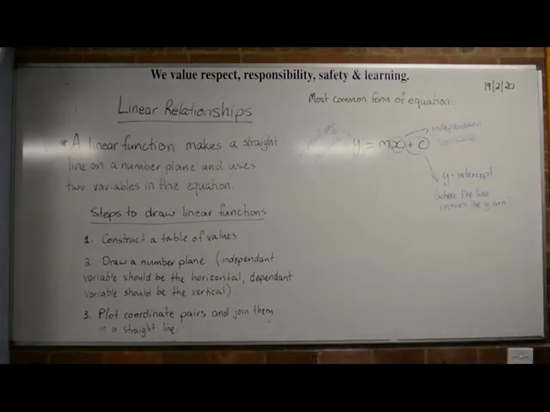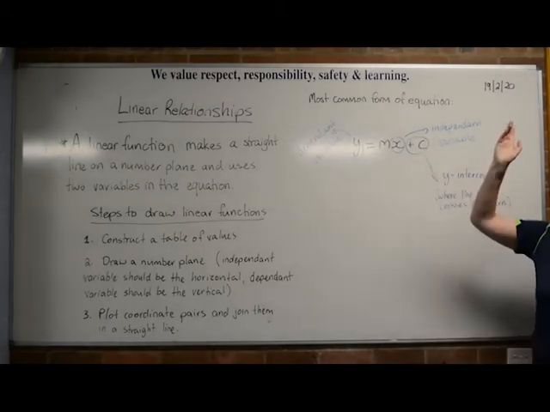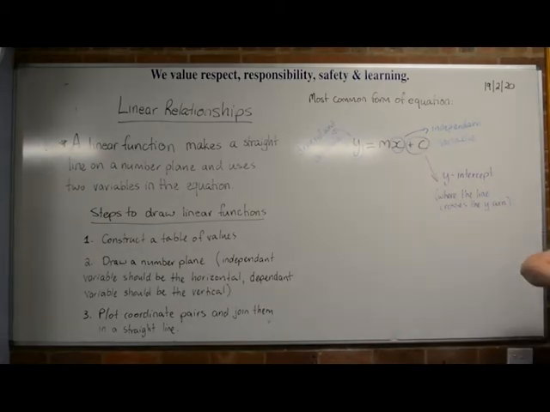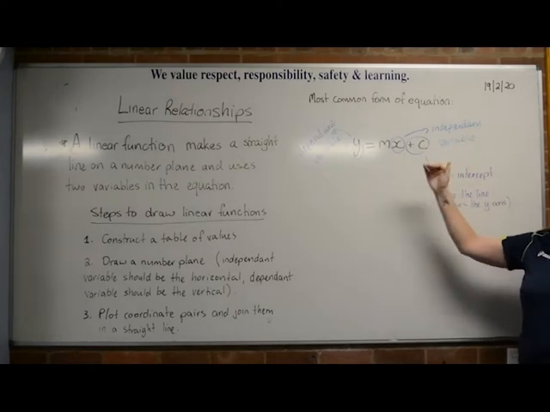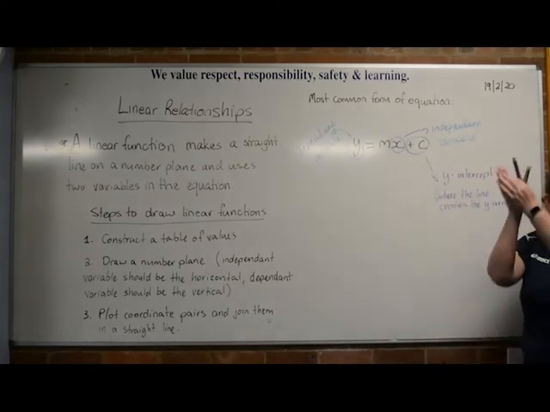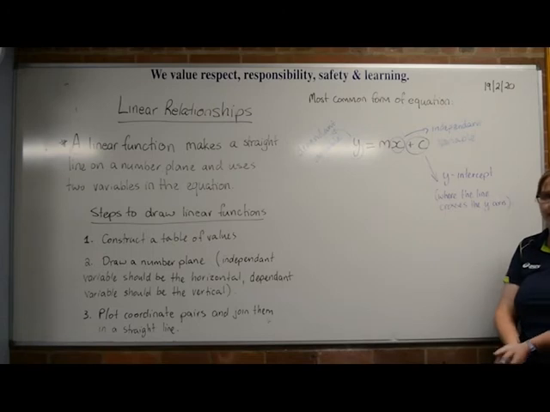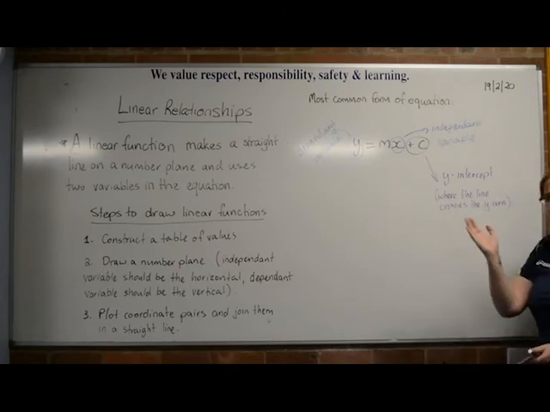Does that make sense? So this tells us where on the vertical it crosses. That could be a +3, or it could be a -4.5. It's just telling us where on the vertical part of the number plane it's going across.